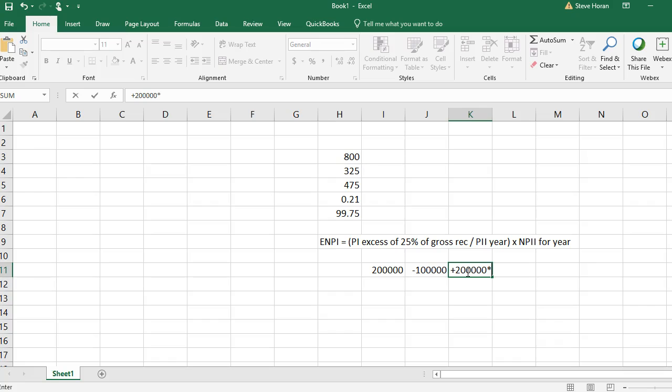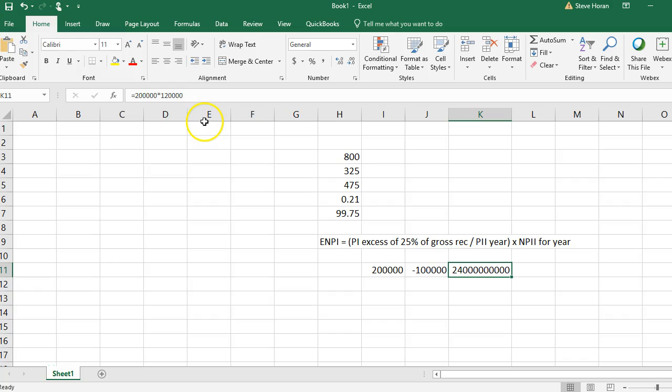Times 120. Okay, I've got to get my math exactly right here. So I'm going to take 200,000 minus this number, and divide that by 200,000.